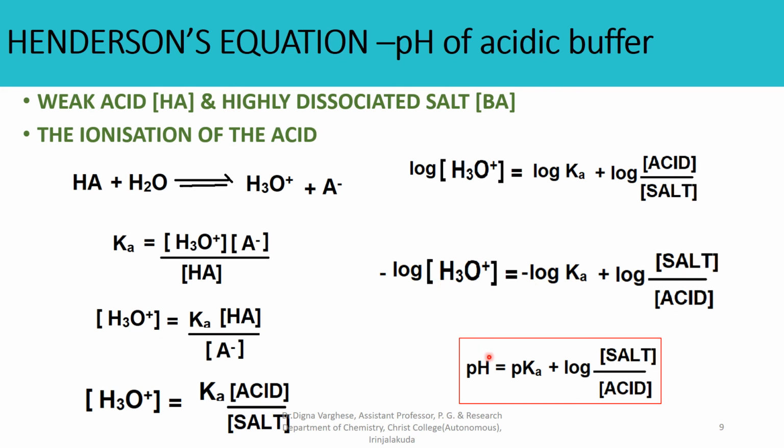Therefore, pH is equal to pKa plus log salt by acid. This is known as the Henderson equation or Henderson-Hasselbalch equation for an acidic buffer.